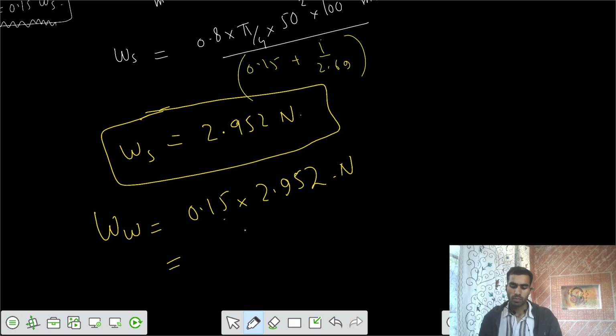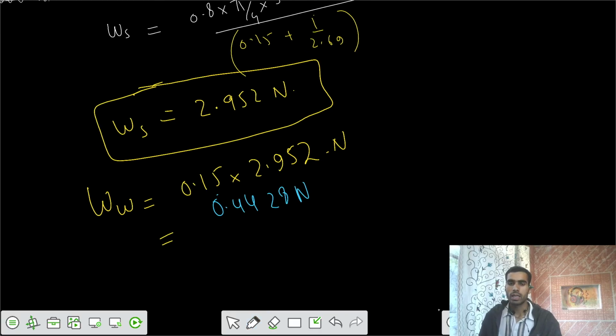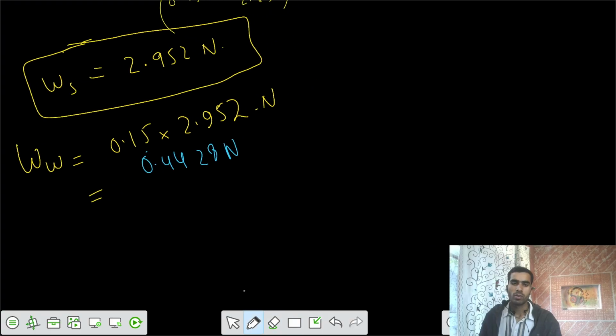Let me check that value in terms of newtons. That is 0.15 into 2.952, that is 0.4428 newtons. And if I want to calculate in terms of kgs, this weight is equal to some mass of water into 9.81 meter per second square.